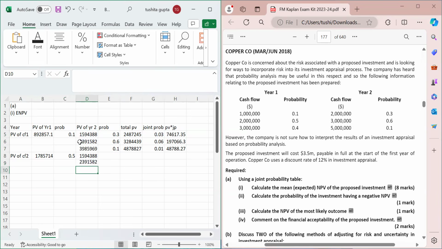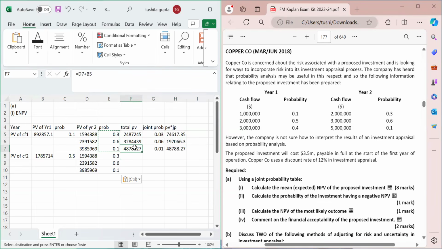So I can put equals to, or I can even copy paste the values. So equals to this value over here. This is the present value. And then I put the probabilities also from above. These are my probabilities.